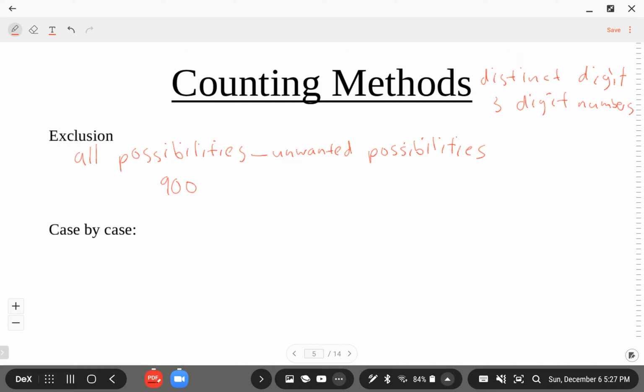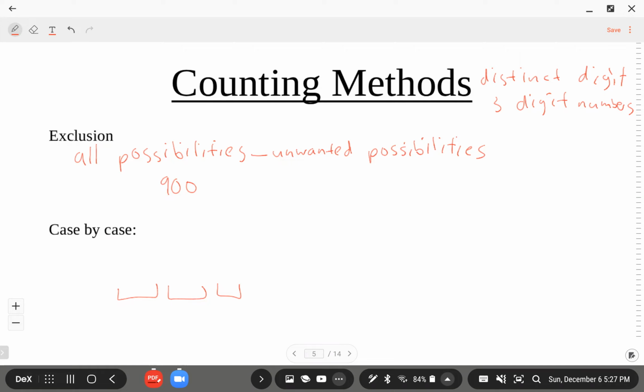So here case by case would be a bit more efficient than the exclusion method, because case by case is basically just counting all the wanted possibilities. Exclusion is subtracting the unwanted possibilities. Case by case is finding the wanted possibilities.